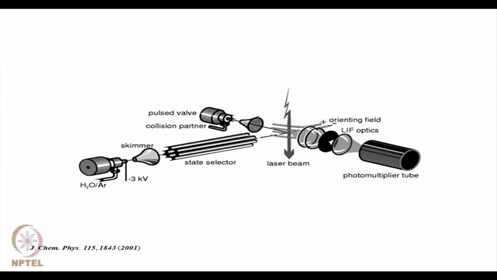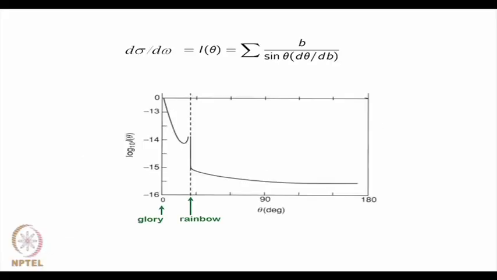So, it is a typical apparatus by which you can study. It is a schematic taken from the Journal of Chemical Physics. It is an example of how to study, using of course laser induced fluorescence as the detection technique.